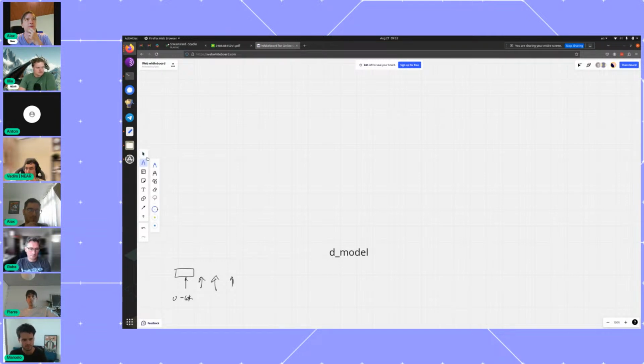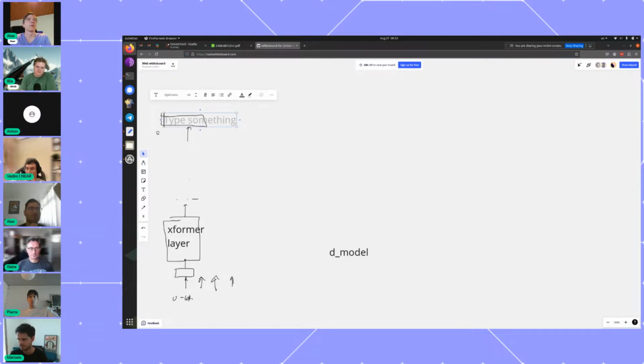All right, and then many times, this vector will go through a single transformer layer. Many times. And then at the end, it goes through what is called an unembedding, where it goes back from a vector of size D model into the space of tokens, right?